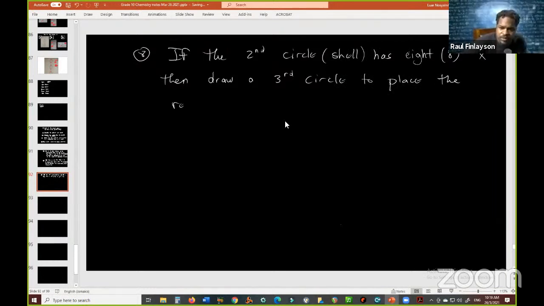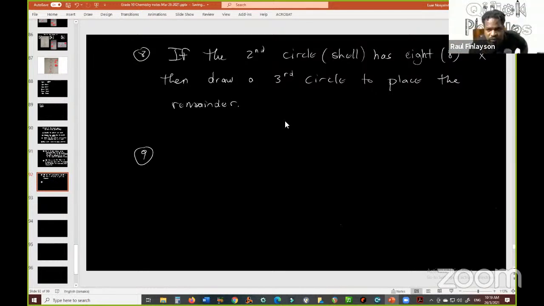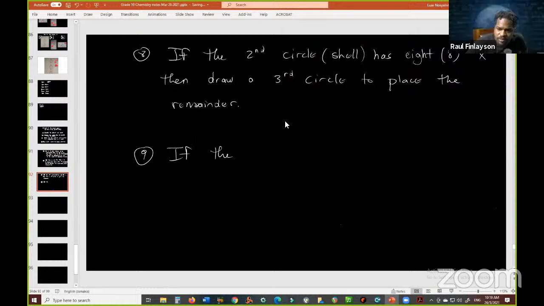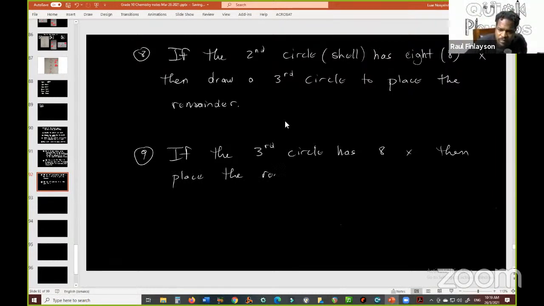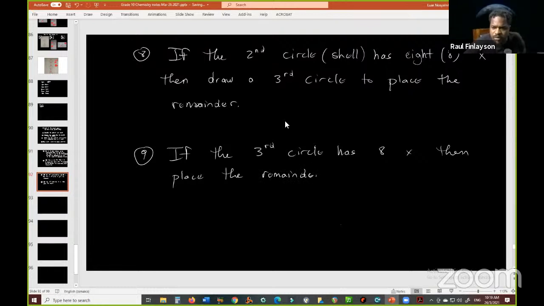Now number 9, we'll go further. If the third shell or the third circle has 8, then place the remainder, place the rest of them, in a fourth.